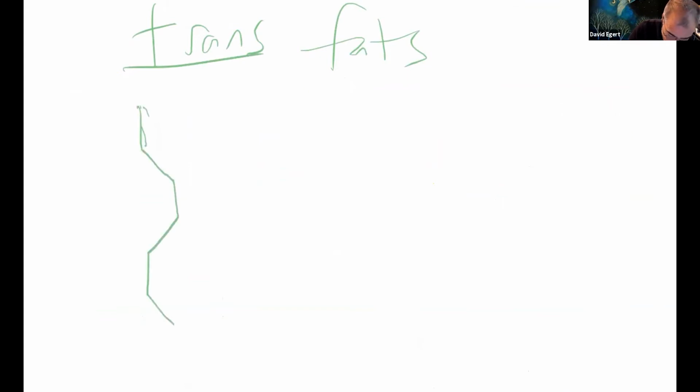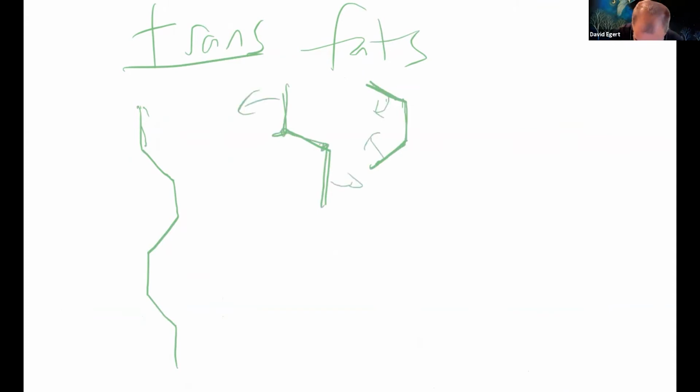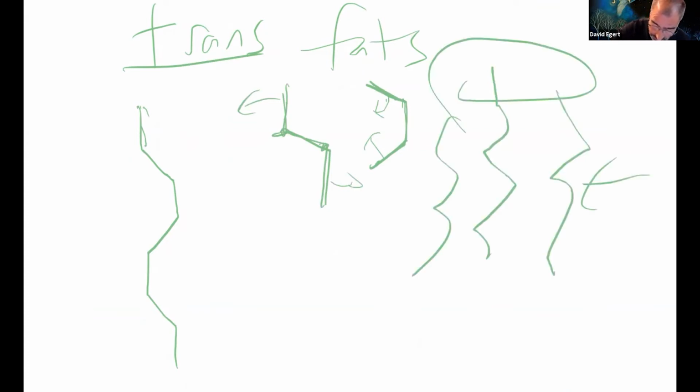So the idea of trans fats, right? If I have some tail that's bent in different ways, there's trans versus cis. Trans fats just means that instead of being bent this way, things were bent the opposite way. So you created these fatty acids that were bent in ways and had little kinks that your enzymes did not have a way to deal with properly.